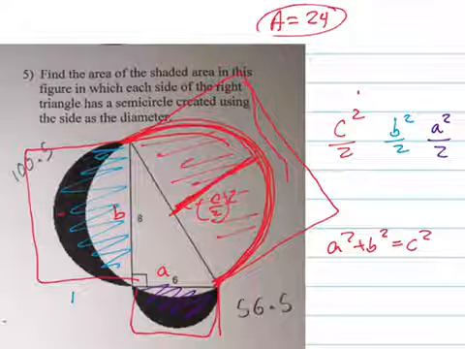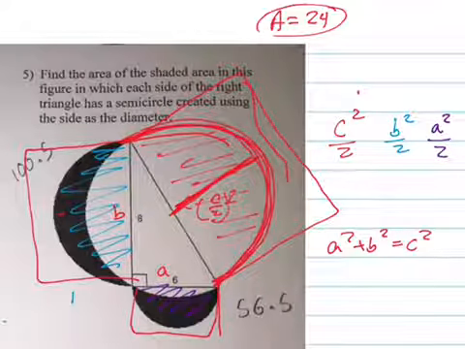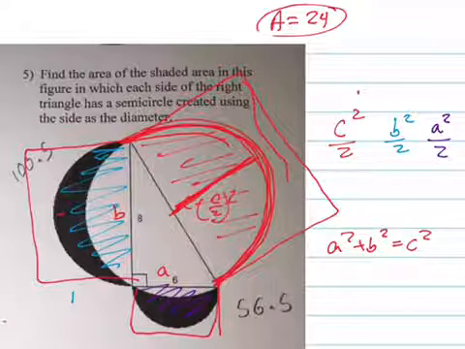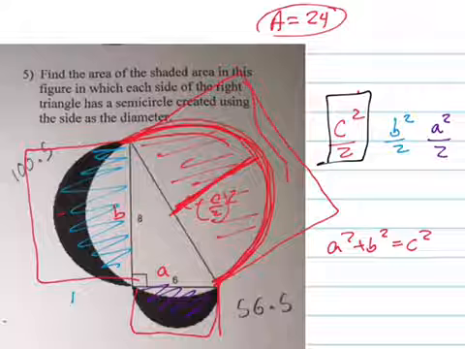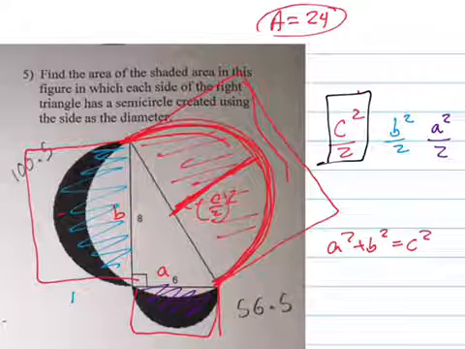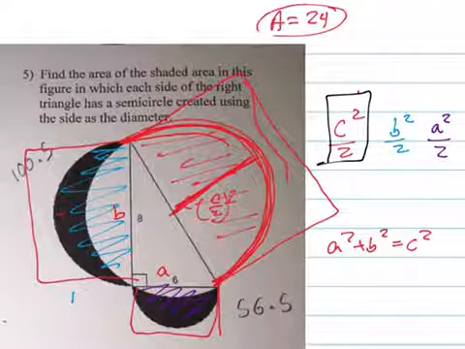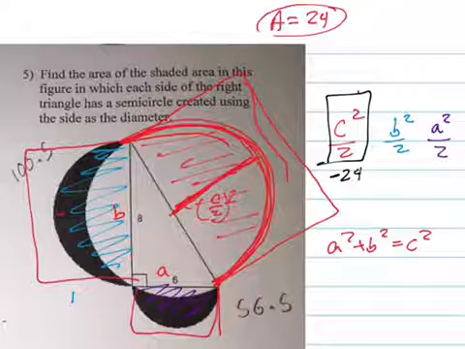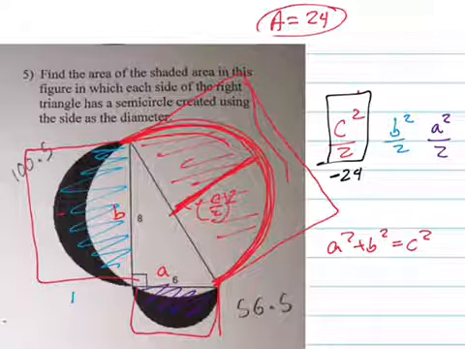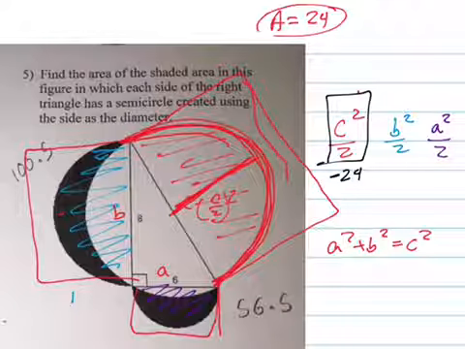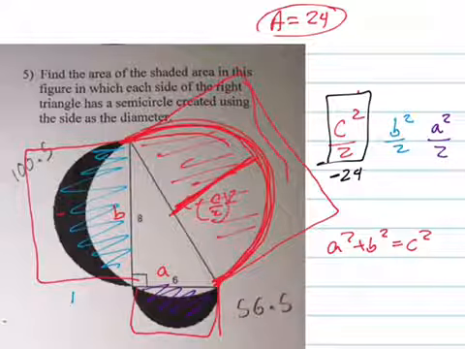And if you notice what I'm doing, to find that black shaded region, what I need to do is take this part, that's the red one, and take out the area of the triangle. And I'm going to subtract that from the blue part plus the red part, or plus the purple part.